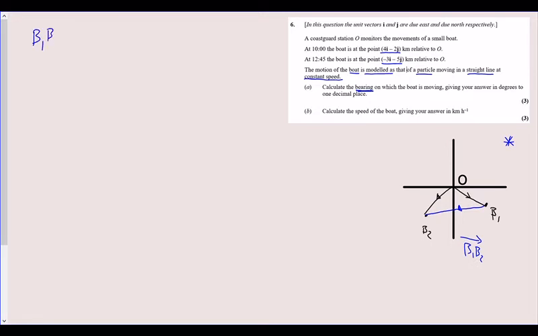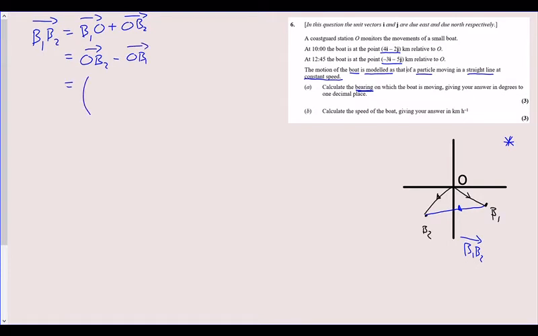So as ever, I'm going to write down what I'm trying to do. I'm going to go B1 to O plus O to B2, which I then rearrange like so, using column vectors.